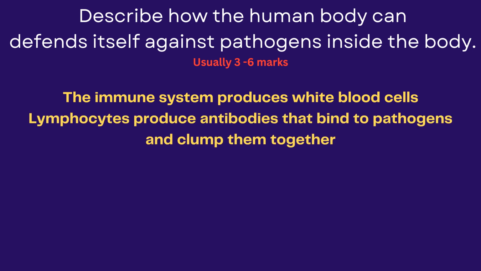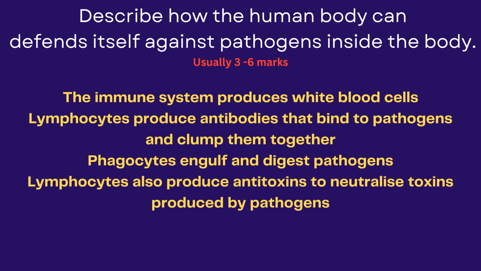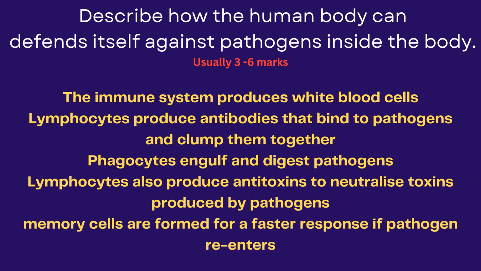Lymphocytes produce antibodies that bind to the pathogen and clump them together. The phagocytes then come in and engulf and digest the pathogens. Lymphocytes also produce antitoxins to neutralize toxins produced by the pathogens. And lastly, memory cells are formed for a faster response if pathogen re-enters.